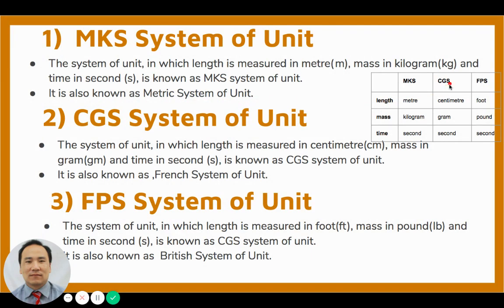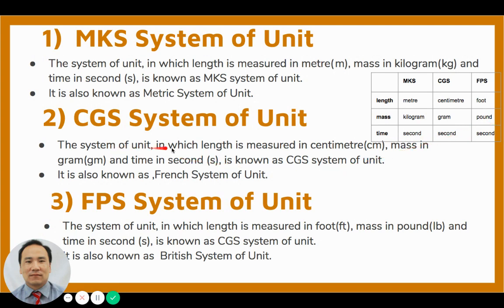If you go to CGS, then length is measured in centimeter, C means centimeter, mass is measured in gram, and time in second. Similarly, in the FPS system, length is measured in foot, plural is feet, mass in pound, time in second.